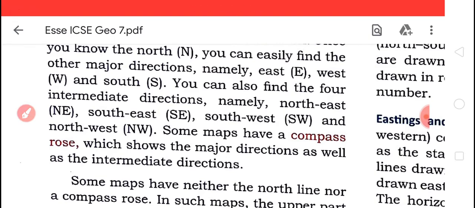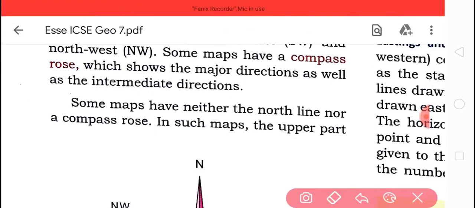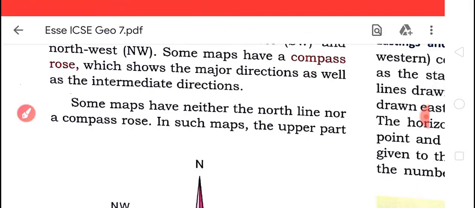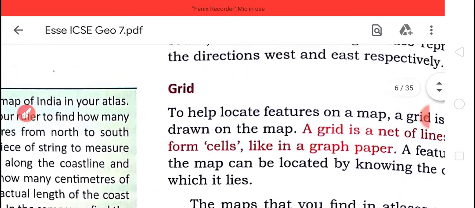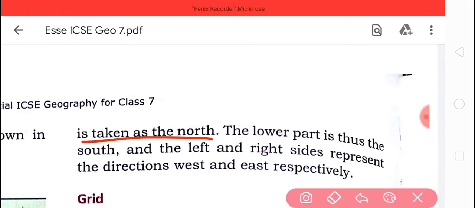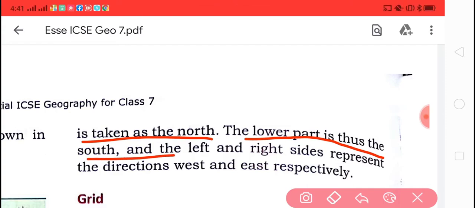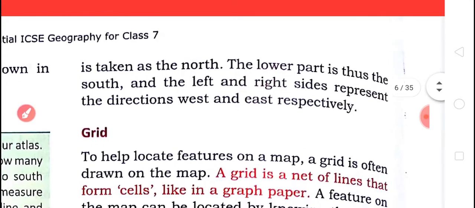In such a map, the upper part is taken as the north, the lower part as the south, and the left and right sides represent the directions west and east respectively.